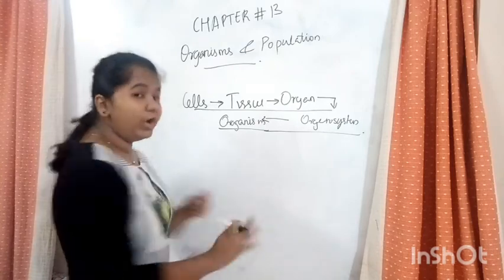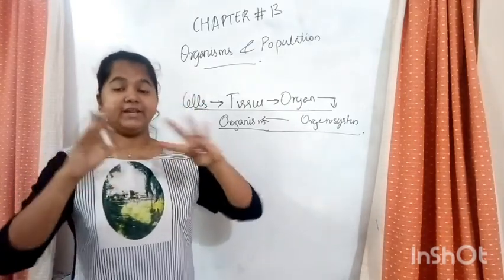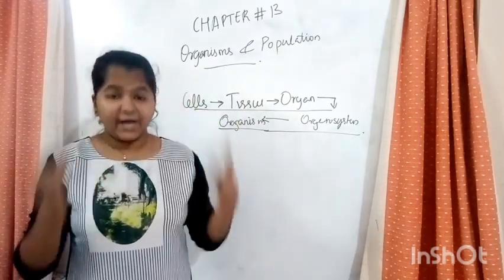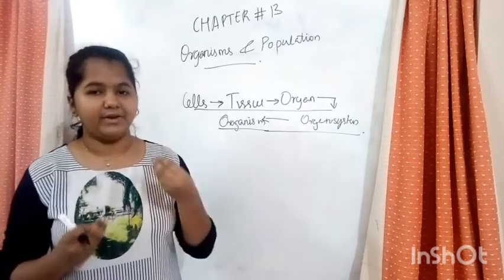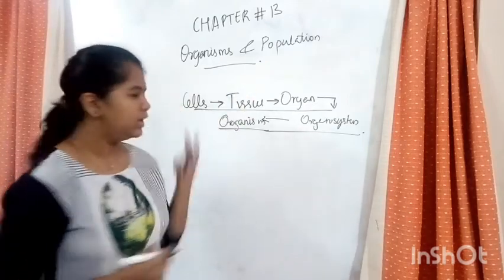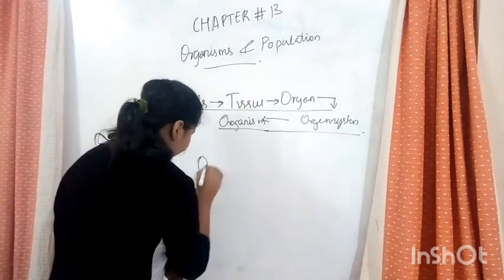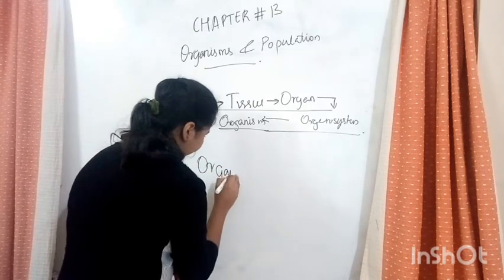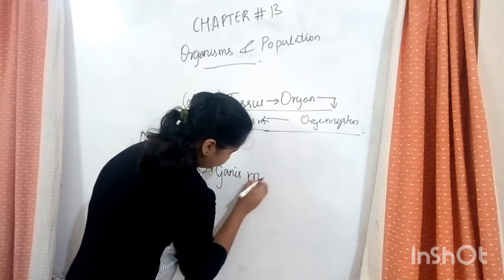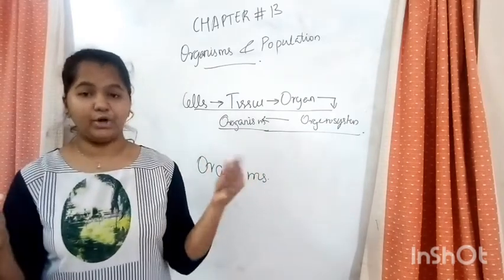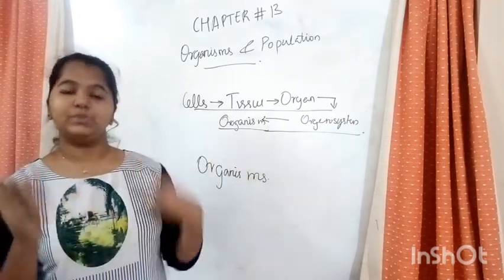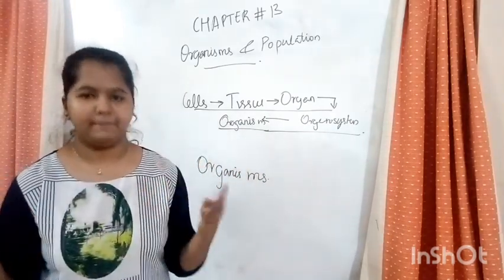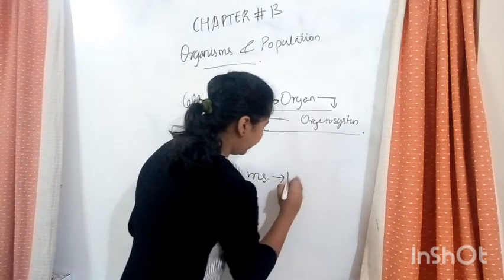First, for an environment or for some biome, what is required? You need organisms. So beginning with organisms. When so many organisms come together, what happens? They form a population.